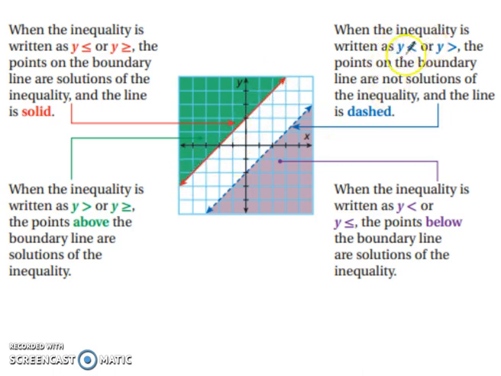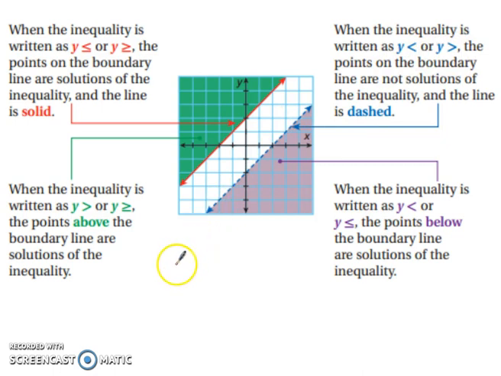If you have y is less than or y is greater than, you don't get to include the values that are equal to y. So that's why it has to be dashed. So recap, when it's less than or equal to or greater than or equal to, it's a solid line, just like we've done in the past. When it doesn't have the little equal to, it's going to be a dashed line.